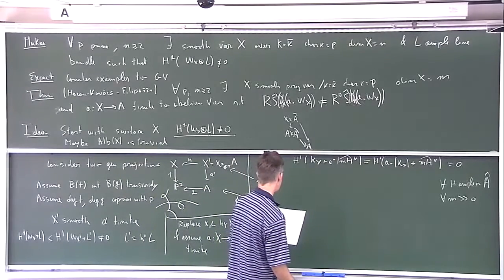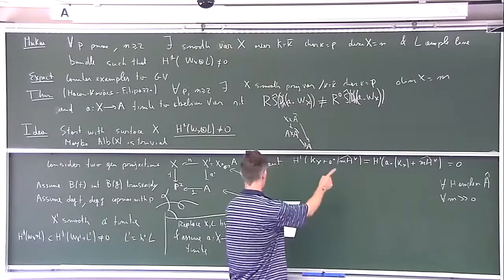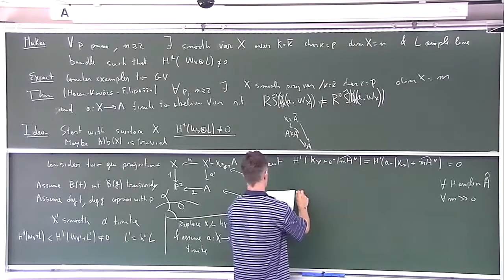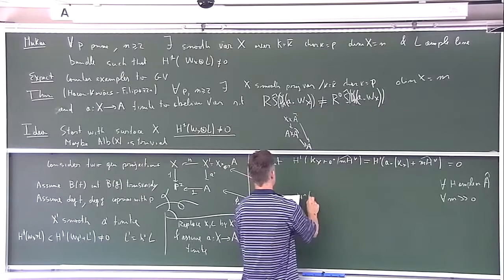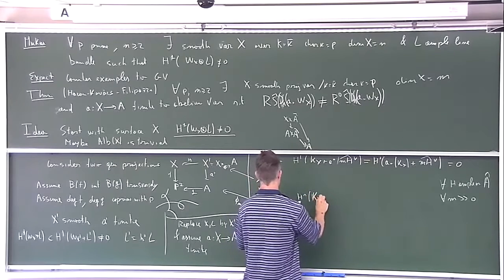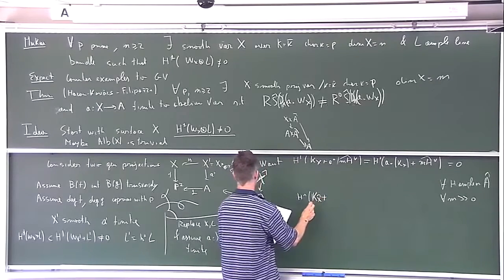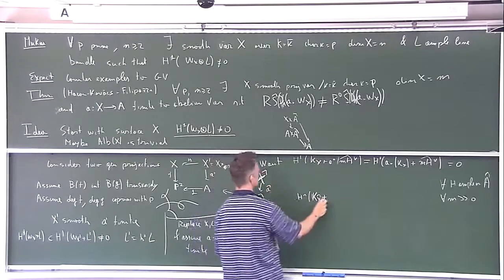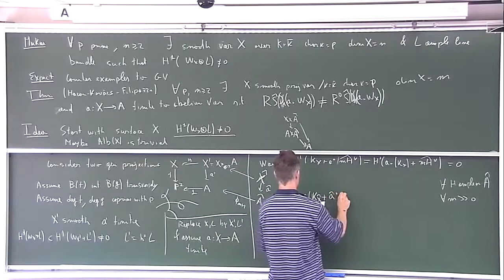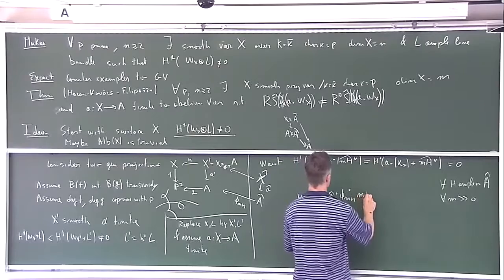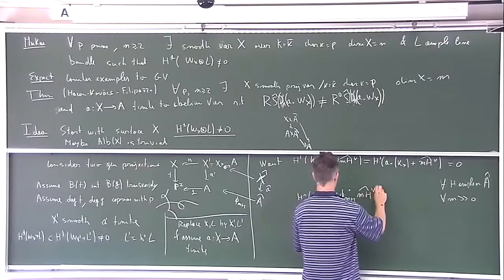Now, instead of computing these groups, I'm going to compute H^i of K_X hat plus this A hat alpha star, φ_MH alpha star MH hat dual.